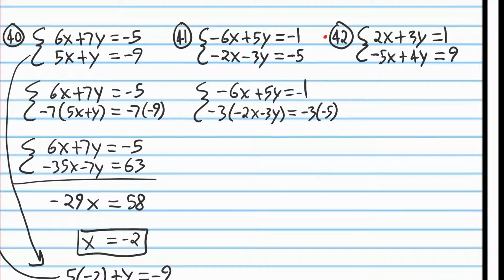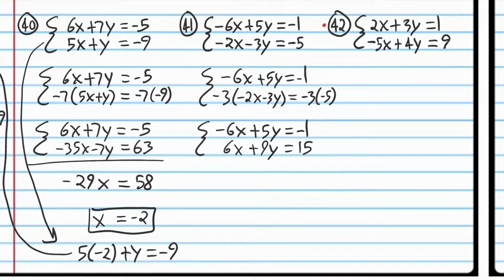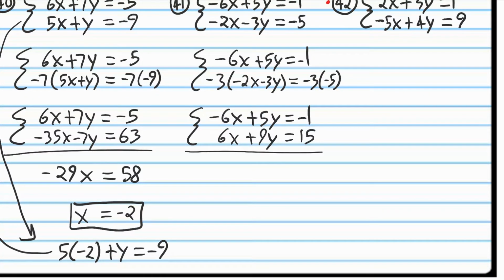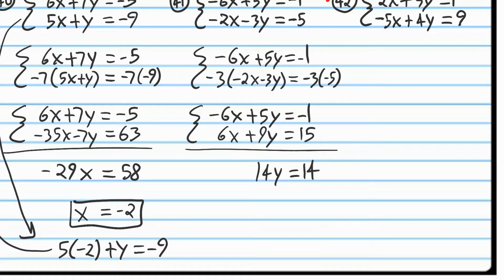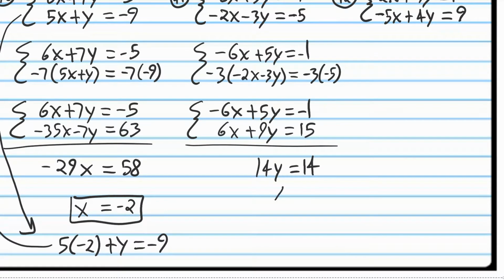All right. (6x plus 9y +15). Now we can add them together. I know I did it correctly because we have a -6 and a 6. And then we get 14y is equal to 14. Divide both sides by 14 and get y is equal to 1.